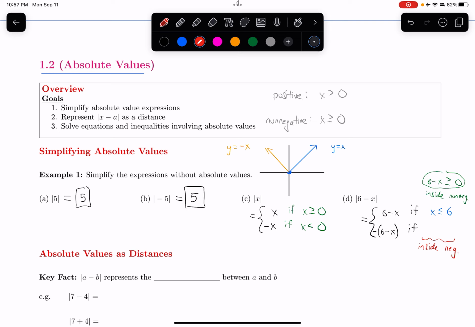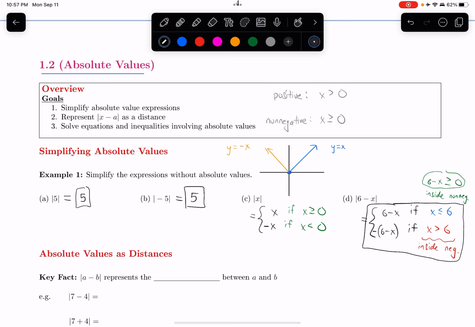If that's the only other case, it should be the opposite of this. So it should be that x is bigger than 6. And if I test that out with a number like 7, 6 minus 7 is going to be negative. It's going to be negative 1. So cool, I got my piecewise function there.